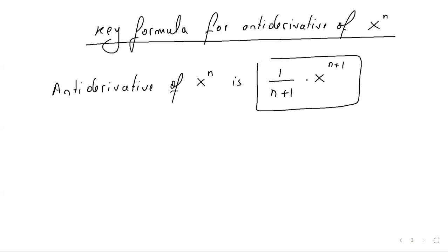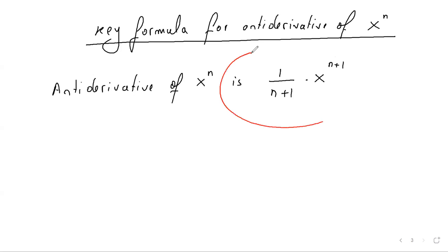So let me box that formula with a different color, red, so everybody remembers it. This red boxed formula is the antiderivative of x to the n. All right, folks, now that being said, we are almost ready to calculate a bunch of antiderivatives.